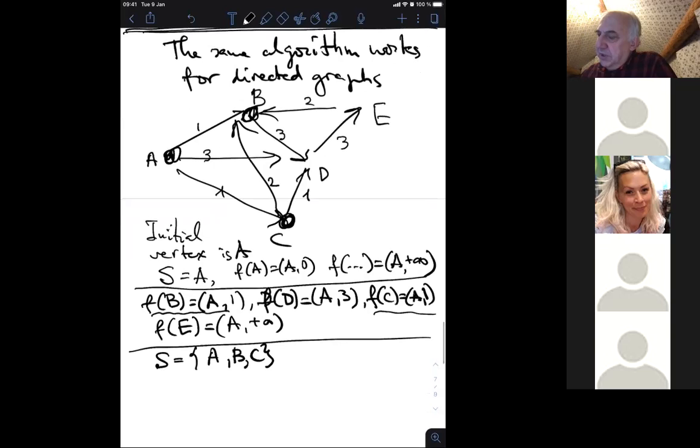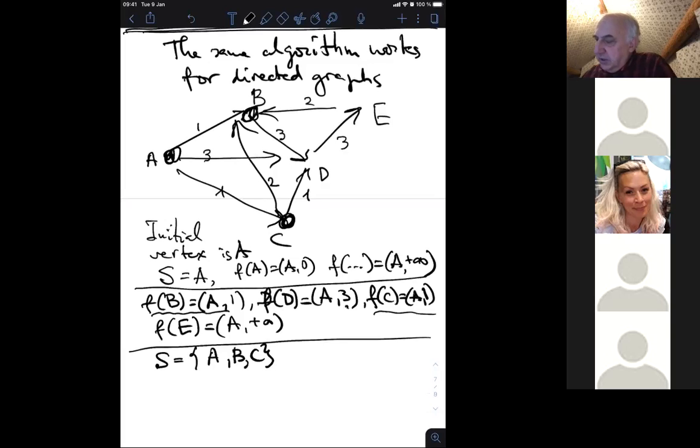And the complement would be D and E. Now I'm repeating my thing again, but now I'm checking for the vertex D and for the vertex E. For the vertex D, my current distance is 3, but I had just one vertex A to work with.